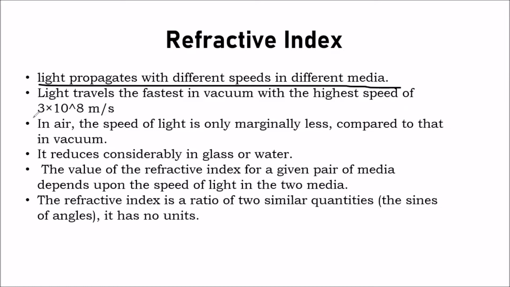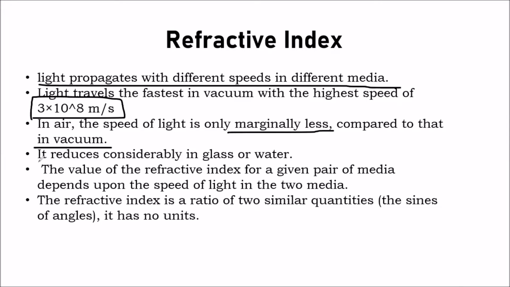The speed of light in vacuum is 3 into 10 raised to 8 meter per second, and in air it is slightly less because of the increase in density. It's marginally less compared to that in vacuum, but because it's a very minute difference, we consider it the same as the speed of light in vacuum.